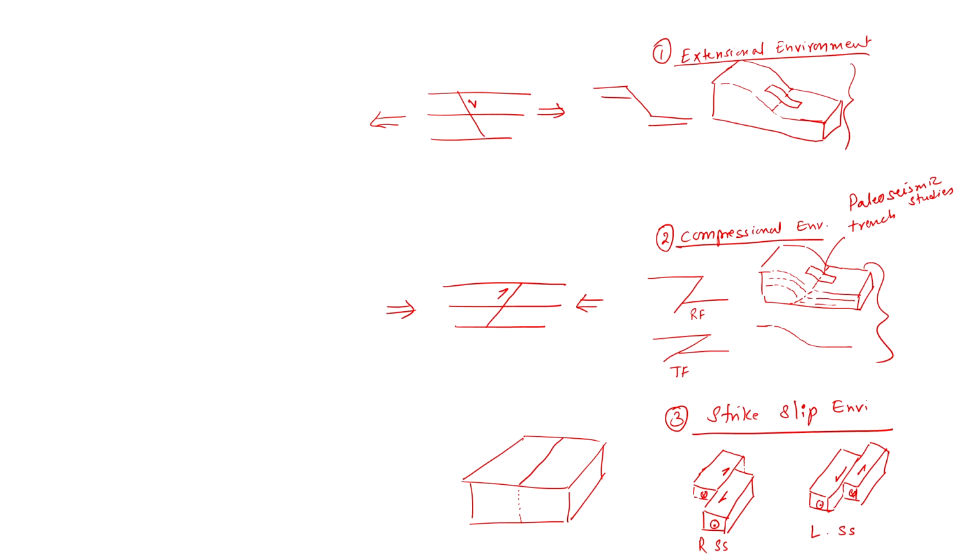Of course, one more point is about the scarp which will be developed if there is an oblique slip. Okay, if there is a component of normal along with this strike slip or reverse along with this strike slip, then you will also see a scarp very much similar to what we see in the normal and reverse faulting environment. So, in this case also we put the trench across this to understand the deformation. Okay.